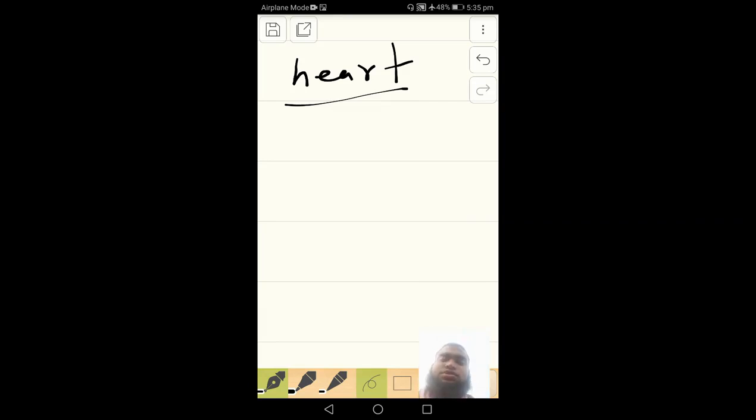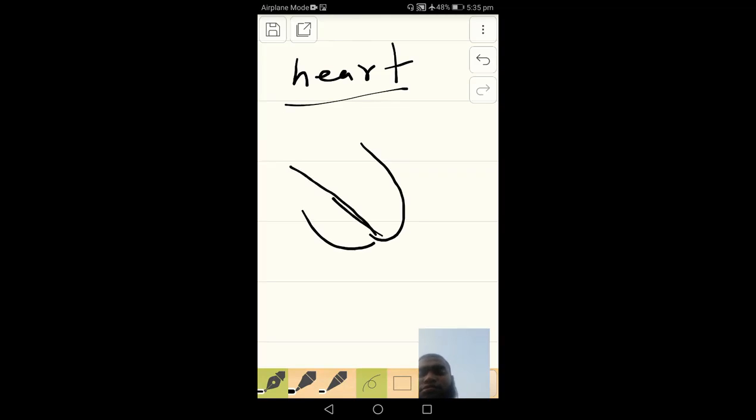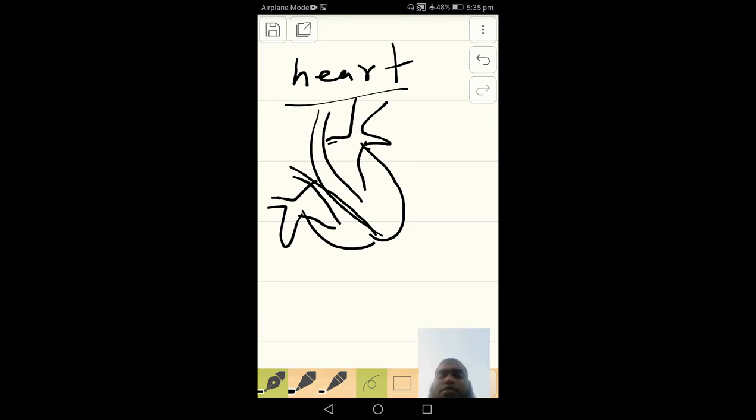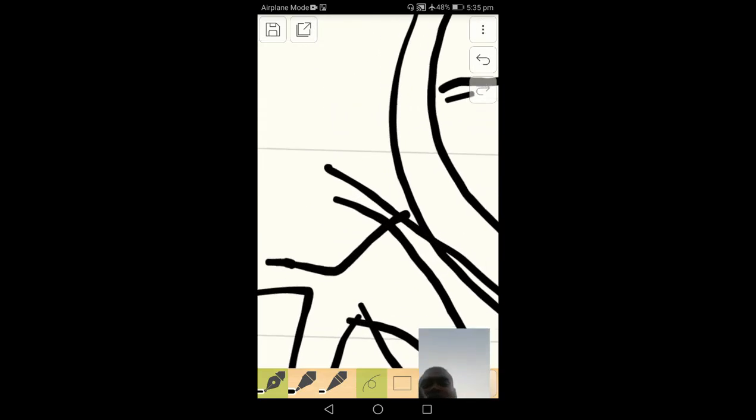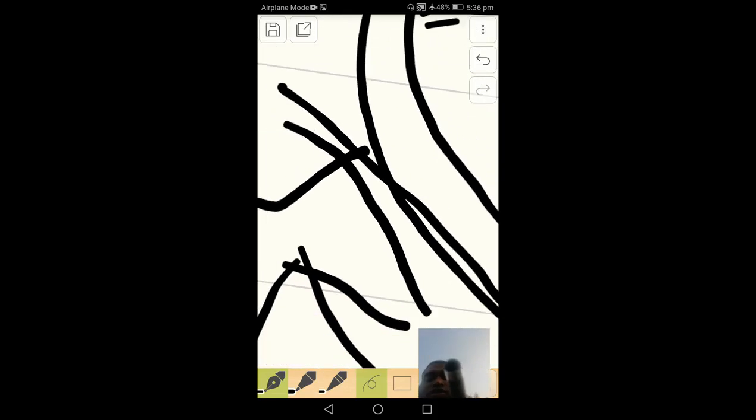Okay, so this is the heart. Now let me zoom in.